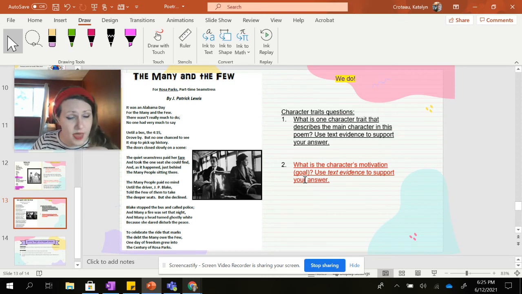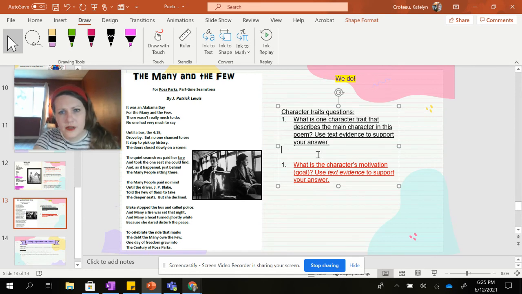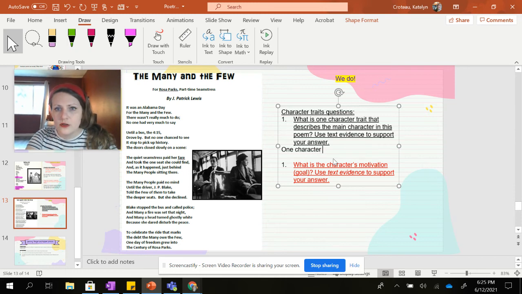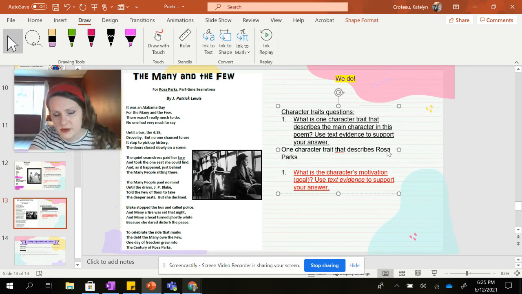And I have to infer that a little bit, right? So I'm going to say one character trait that describes Rosa Parks is... I do not know why it's giving me a red line, because it is fine.